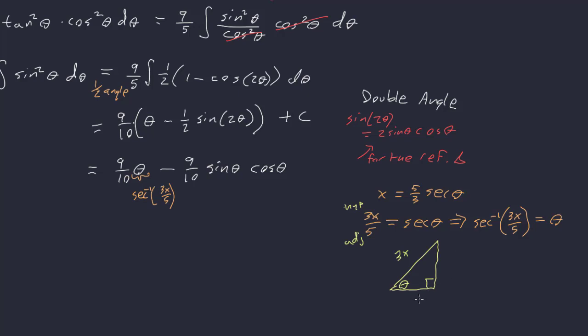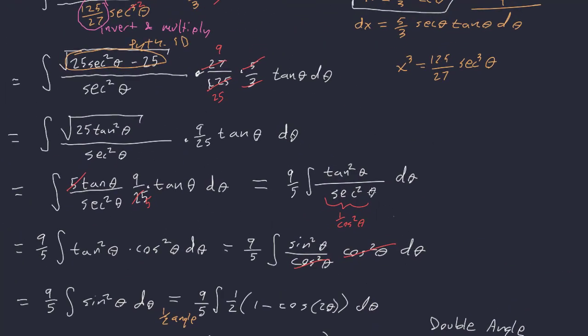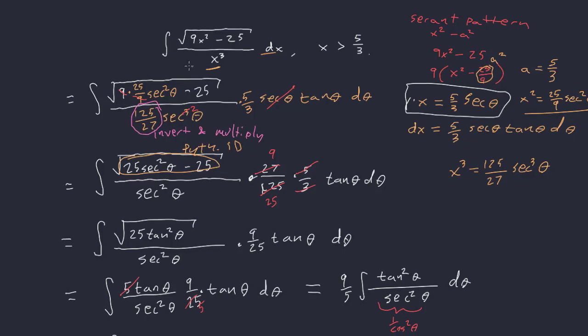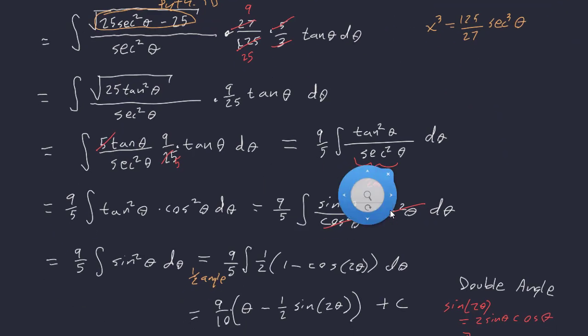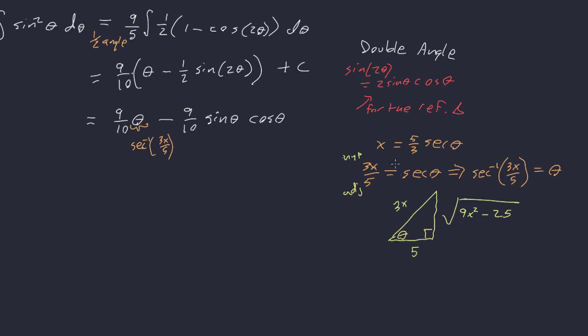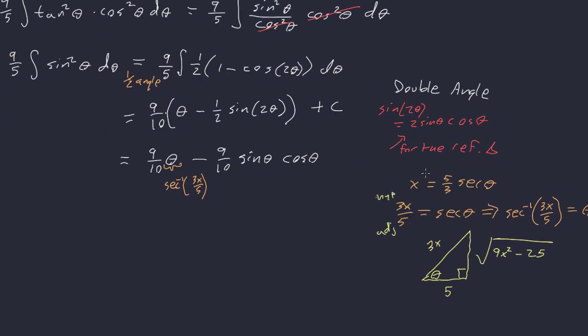The side adjacent is 5, so that means the side opposite is going to be, when we square this, 9x squared minus 25, and I just want to make sure that that lines up with what we started with back here. Yes, 9x squared minus 25. Perfect. It's always a good thing to check, just to make sure you're rolling. Now, I will say we don't need to really do much work for cosine because cosine is just secant flipped over.